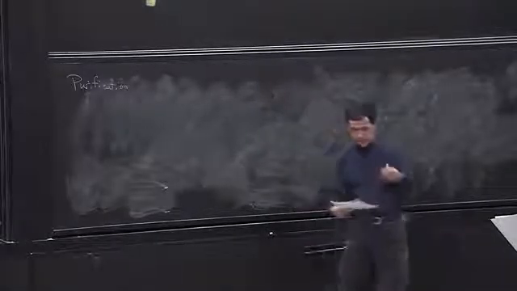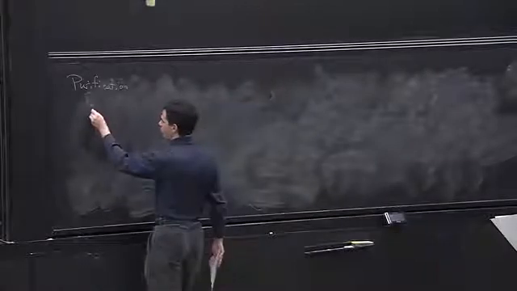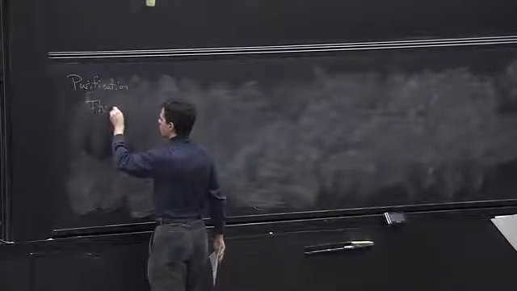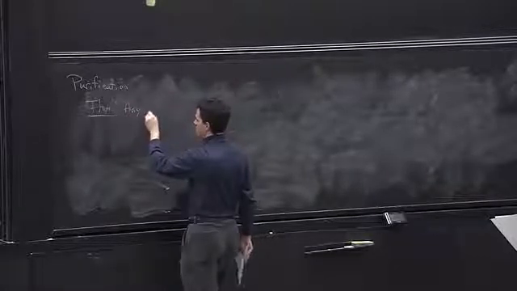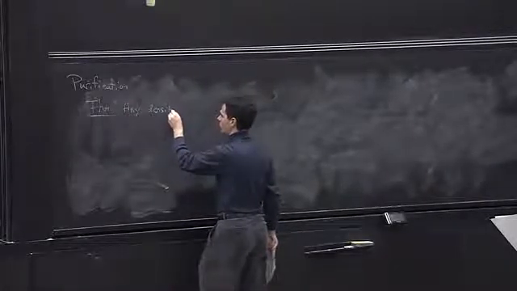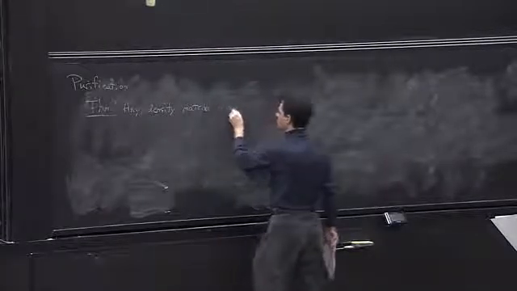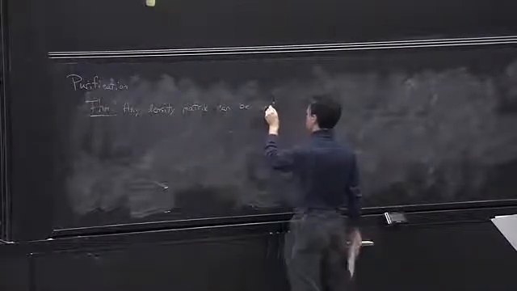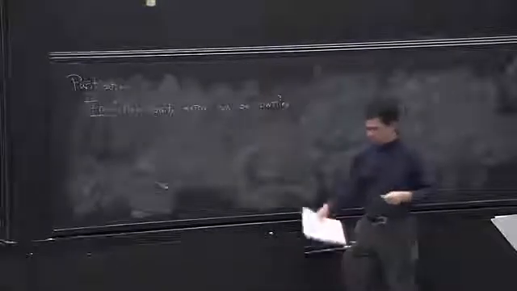And so what's the mathematics that backs that up and lets you do that? Well, it's a series of theorems. The first theorem says any density matrix can be purified. So what does that mean precisely?